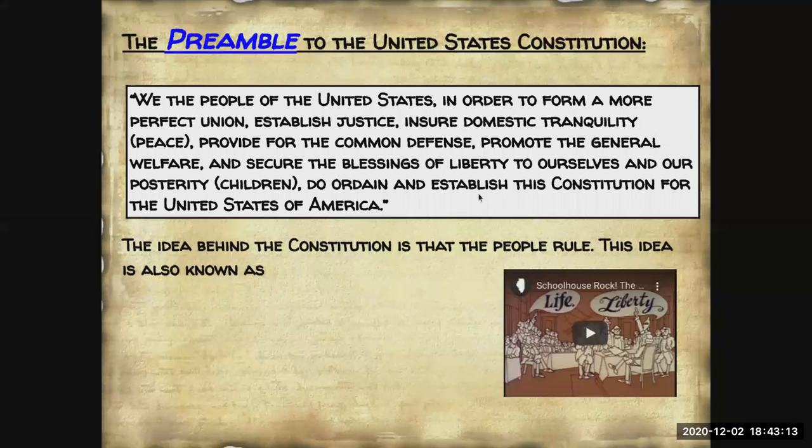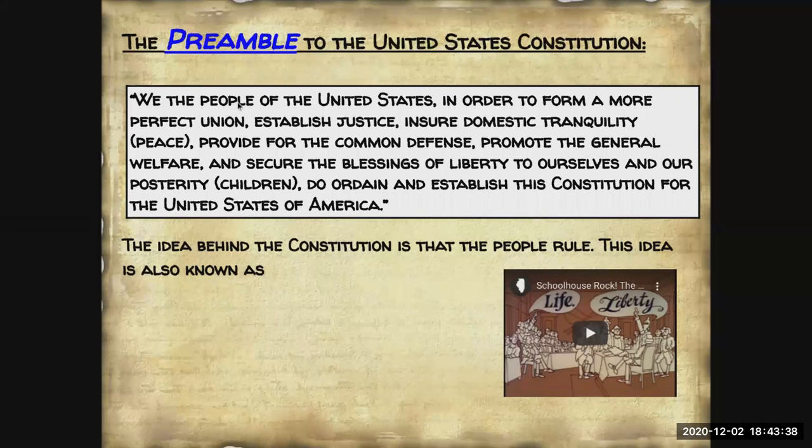So, as you can see from this preamble, the whole idea behind the Constitution is that the people rule. It starts off with we the people. So, the delegates who wrote this Constitution really did view themselves as representatives of the American people. And they just happened to be the ones writing this down.